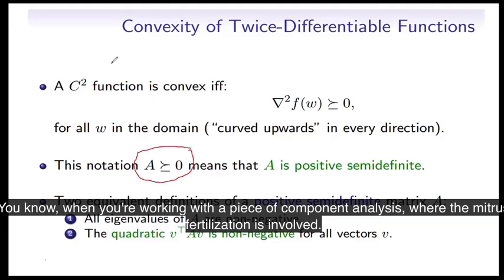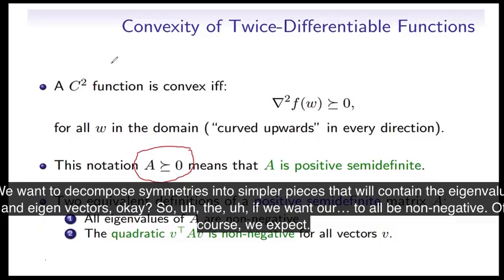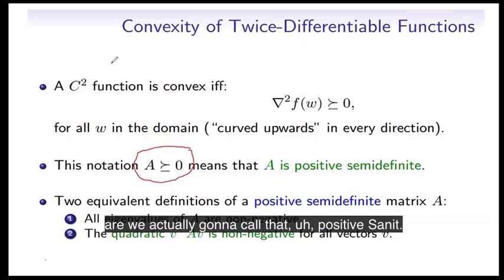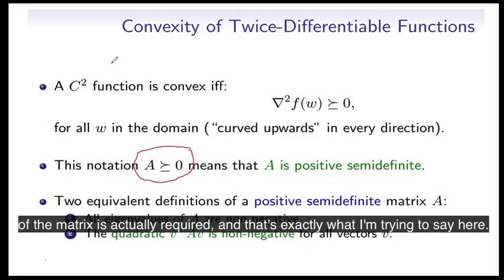When you're working with principal component analysis, where matrix factorization is involved, we want to decompose a matrix into simpler pieces that will contain the eigenvalues and the eigenvectors. So if we want our eigenvalues to all be non-negative, we expect that positive semi-definite property of the matrix is required.